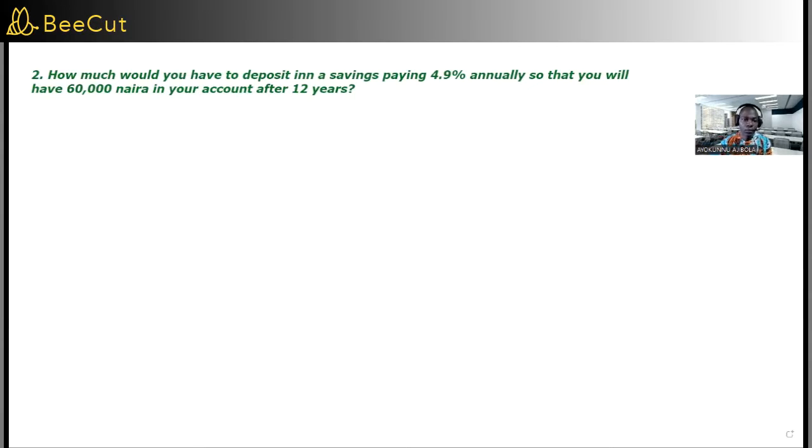Amount equals principal times 1 plus r over n, then raised to the power nt. Here we have the amount to be 60,000 naira.